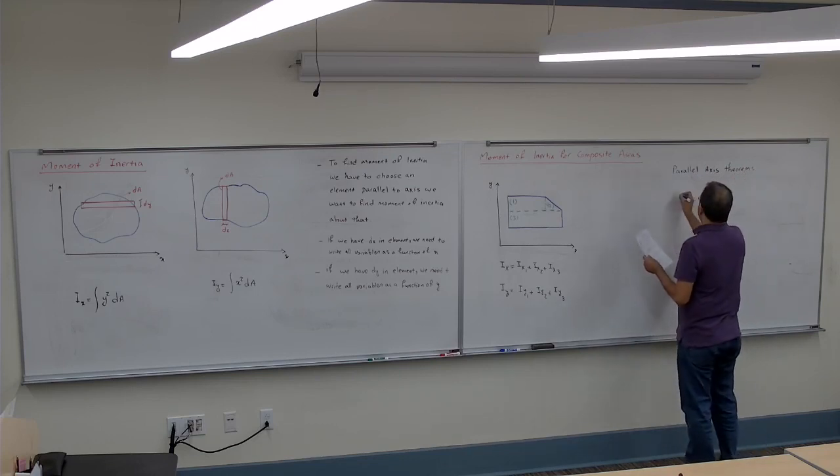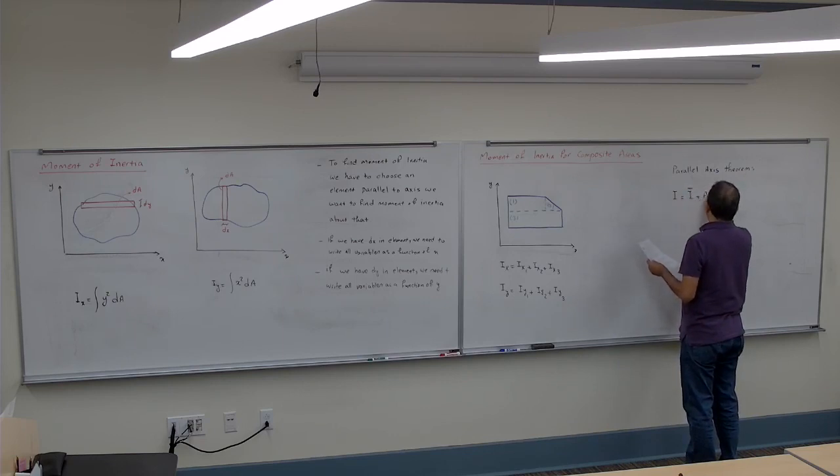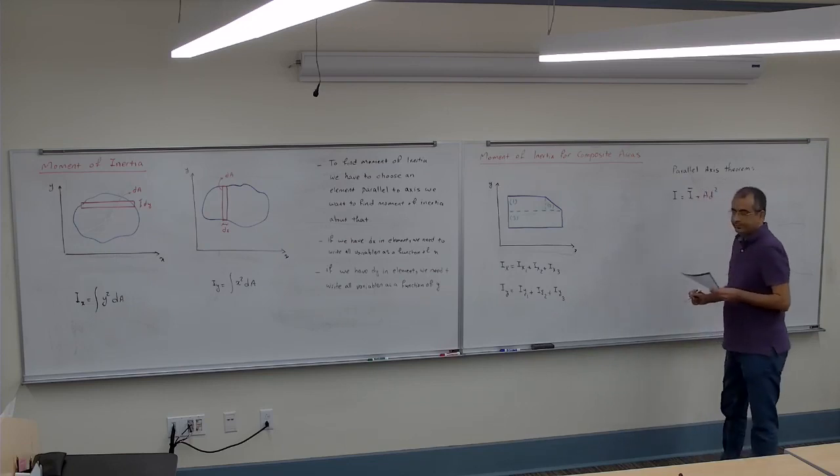It says that I about any axis is equal to I about centroid plus the A d squared.